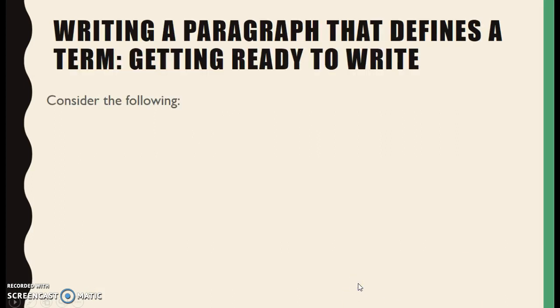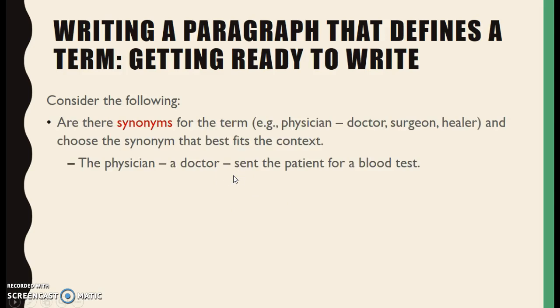So what do we do? The first thing we want to do is consider, we've got our term, what do we have to take into consideration? First of all, are there synonyms? Sometimes a synonym will help the reader understand the situation. For example, physician. Synonyms are doctor, surgeon, healer.